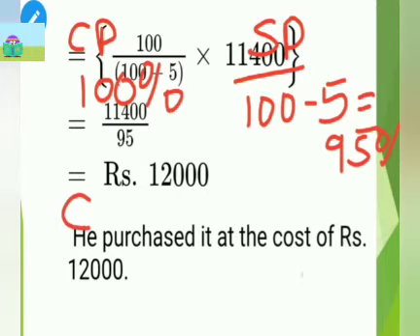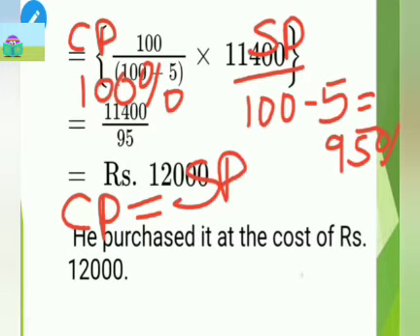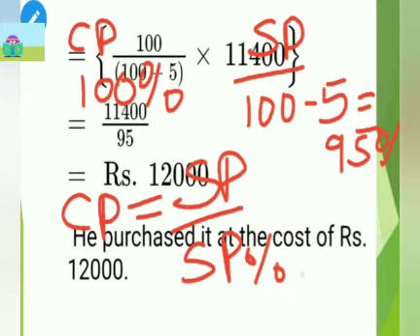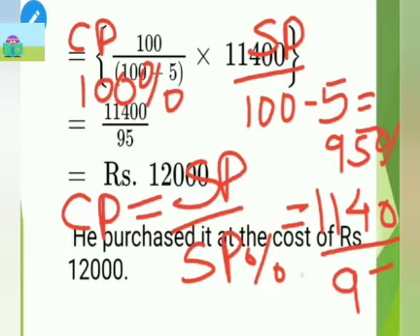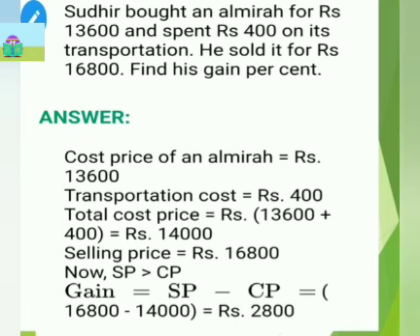So CP will be selling price upon selling price percentage. The selling price is given to you as 11,400, divided by the selling price percentage. Remove the percentage sign, so the numerator will be multiplied by 100. Solve it and you will get the cost price.